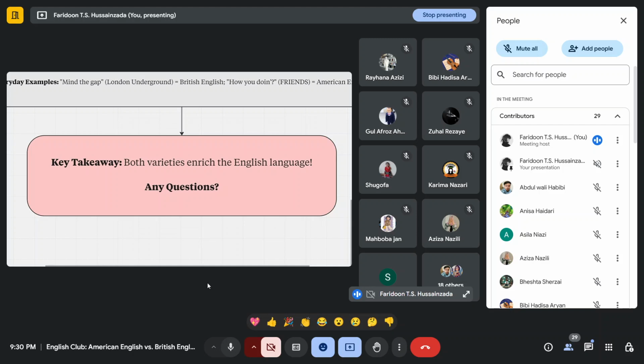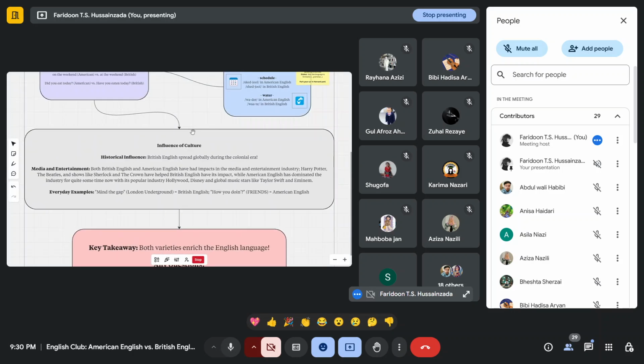But in my opinion, the reason this is happening is the cultural aspect, the slide that we just talked about. So how big is it now? If you talk about it historically, in the past, if a person pronounced it like that, it would have been okay, because at that time British English was the bigger variety.